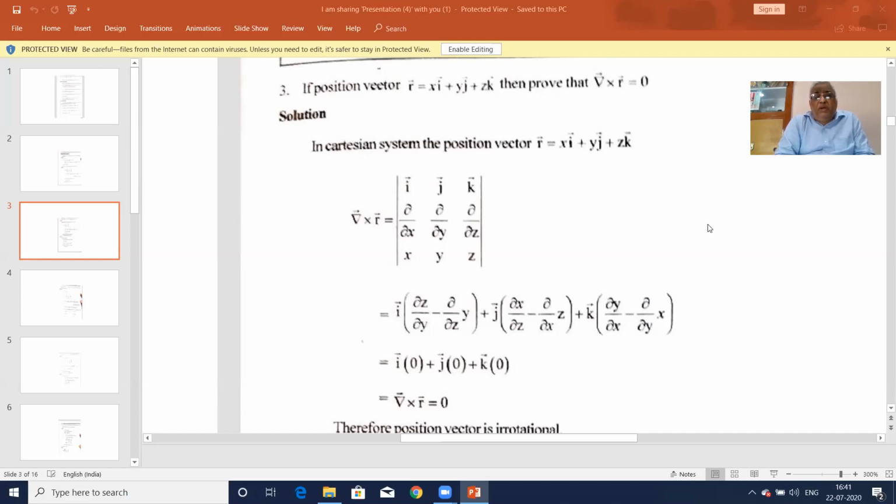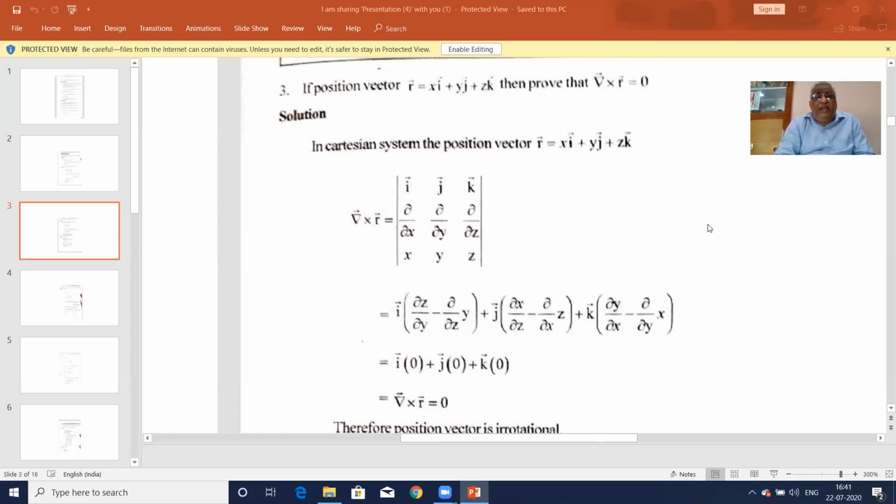Curl of r means, when we are asked for curl, immediately you have to put the determinant form: i, j, k; ∂/∂x, ∂/∂y, ∂/∂z; x, y, z.